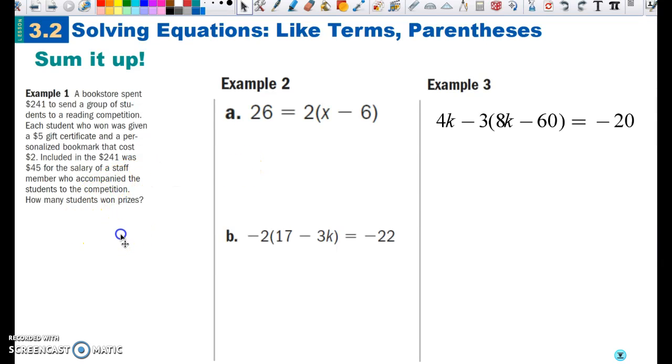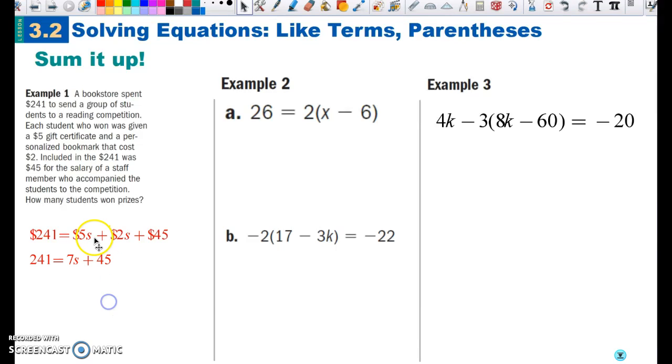Okay, so now let's go over example 1. You have to set up a model for this. It's just like the first example we did. We have a total budget. We have certain items that cost money, a $5 item and a $2 item, and $45 for the staff member. So $241 is equal to $5 for every student for the gift certificate, $2 for every student for the bookmark, plus the $45 for the one chaperone.